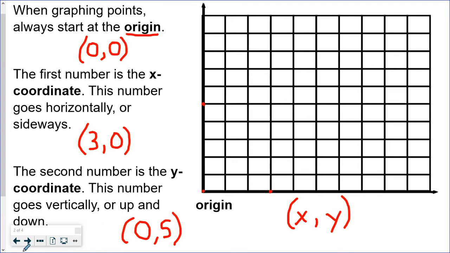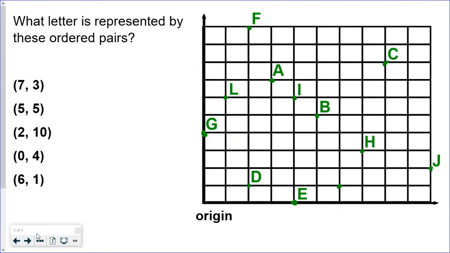All right? So now we're going to put this into practice here. Over on the side here, I've got 5 different ordered pairs. And over here, I've got a bunch of letters at different points. What I want to do for this particular lesson, for lesson 1, is figure out what letter is actually represented by these ordered pairs. Okay, so we're going to start with this first one here.